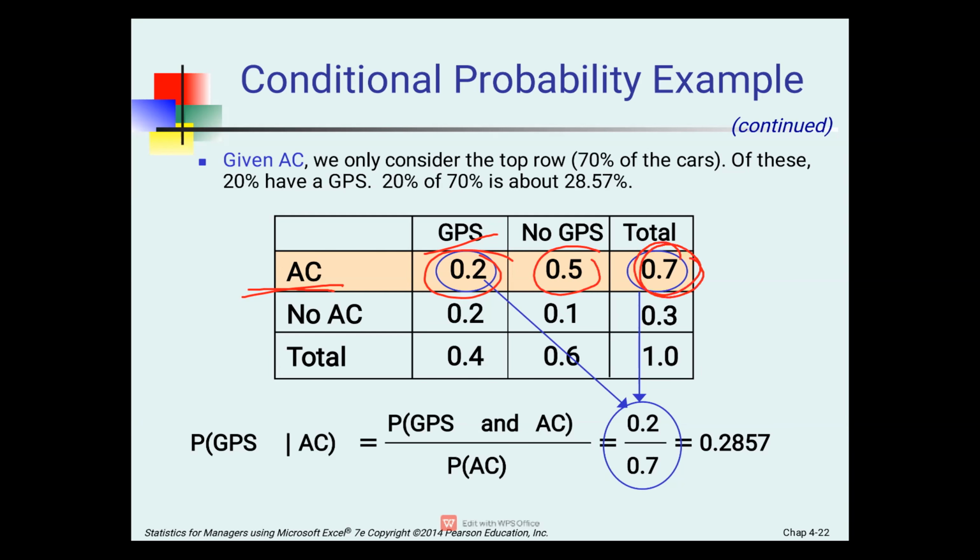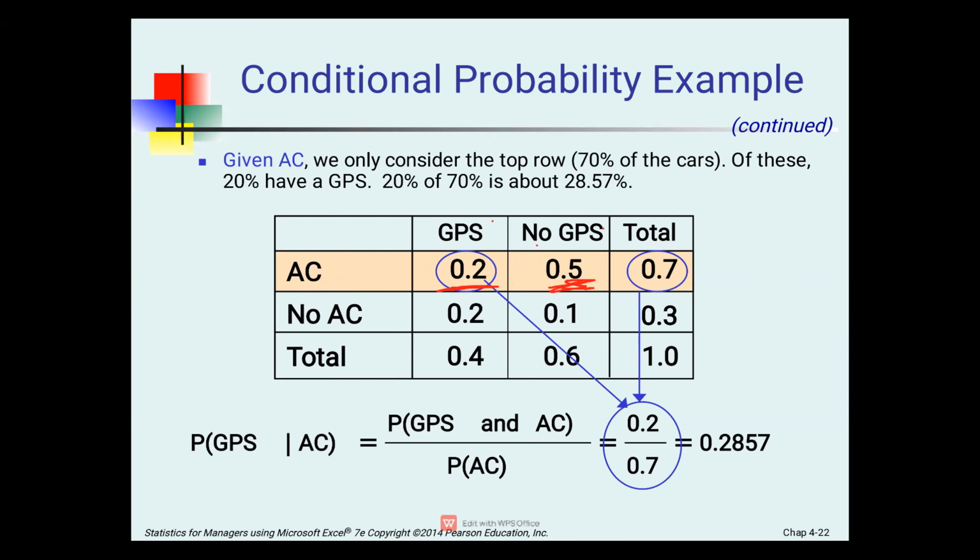So since they are 70, for GPS we are given 20, and for not having GPS we subtract from 70.